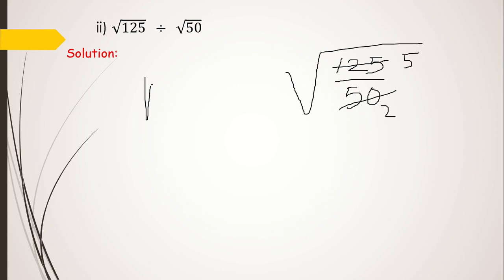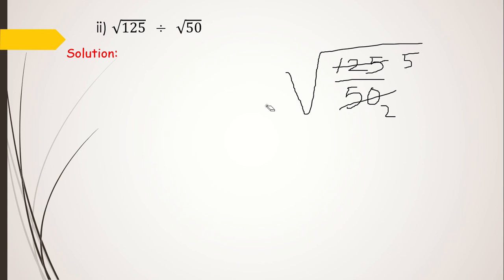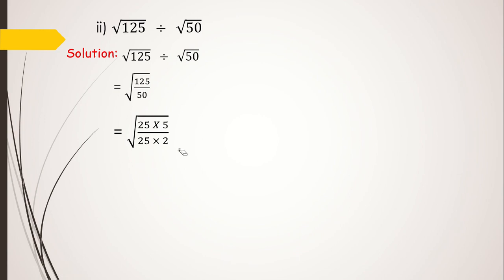Okay, so that's going to be root 5 by 2. And 5 by 2 further we cannot simplify, we cannot factorize or do anything. So this is what is going to be our answer, that's it. We cannot do anything further. Okay, so that's it. In 2 steps you get the answer. So this, if you want, you can do, or if you want to just cancel like this, what I did, you can do it that way also.